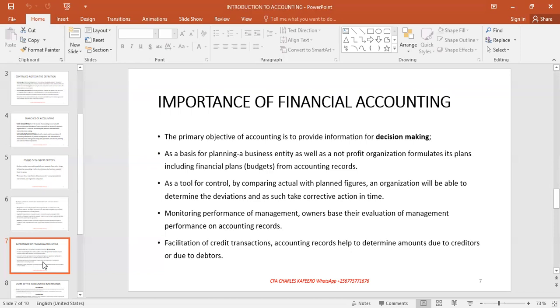Those are the things we want to know. That's why the main objective is to provide information for decision making. When you get that information and you know we are demanding, at the end of the year, we are still having this balance, let's say, of creditors.